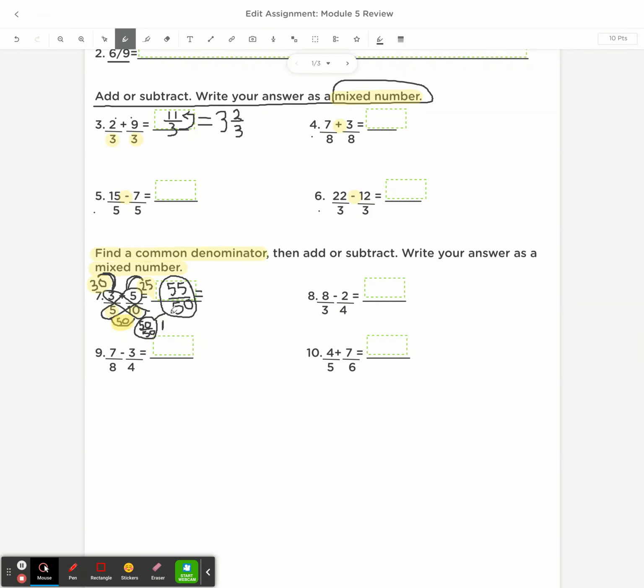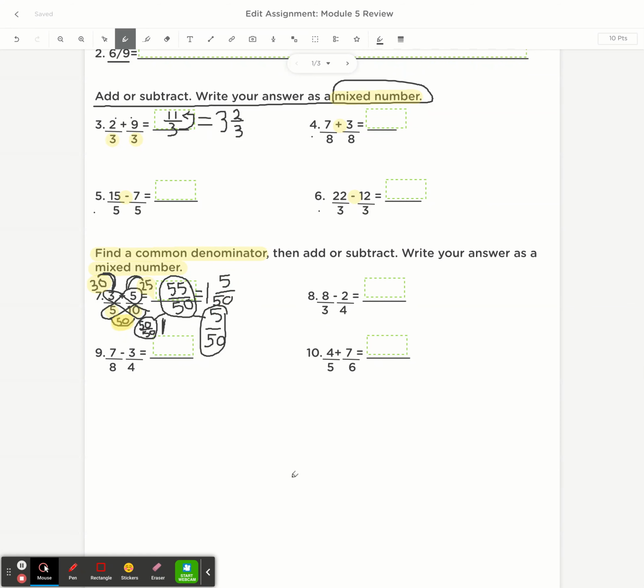So I started out with 55 50ths, and I took out that one whole, which is 50 50ths, and that means that I am left with 5 50ths. And so now, in order to write my final answer as a mixed number, I'm going to go ahead and write my whole number and that fraction that is left over. So my final answer is 1 whole and 5 50ths.